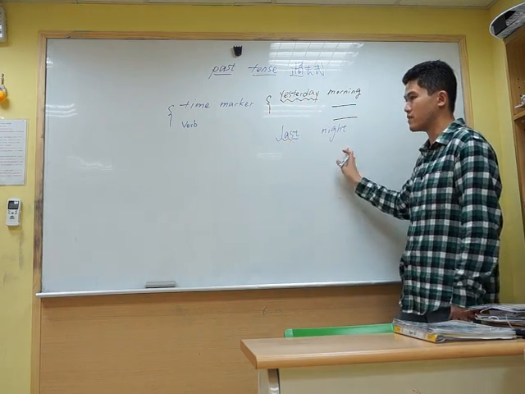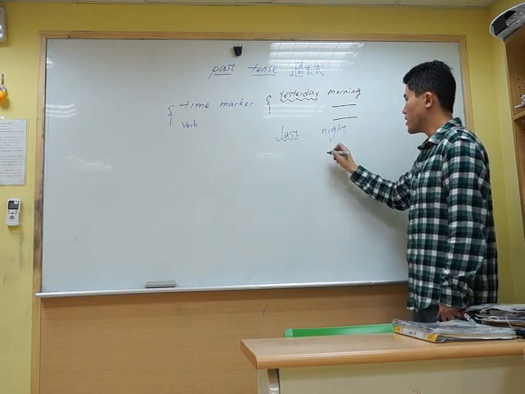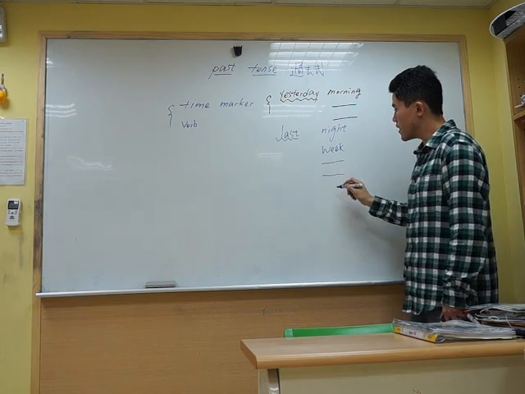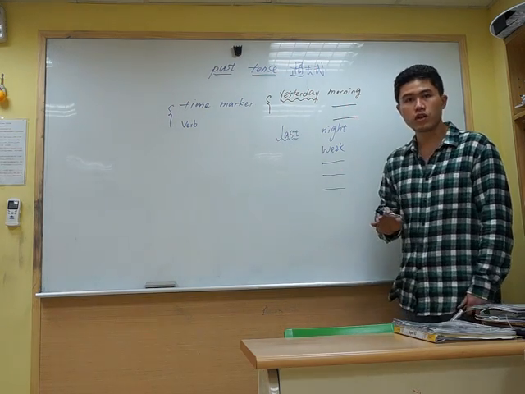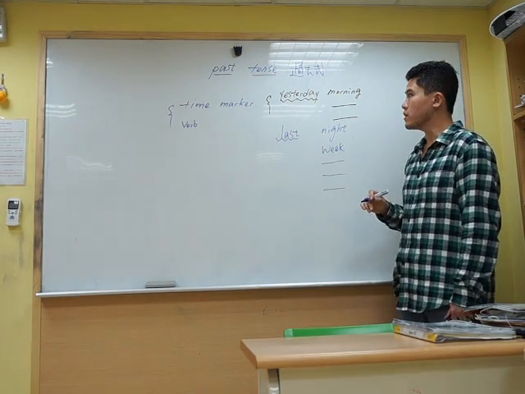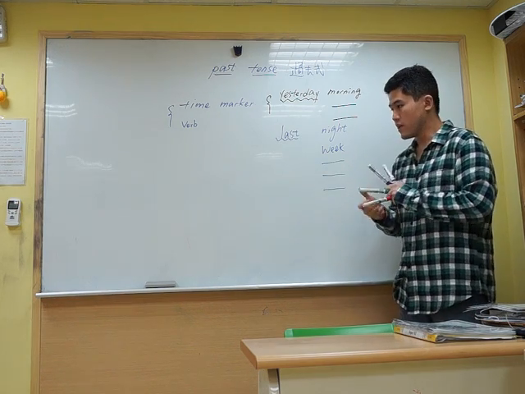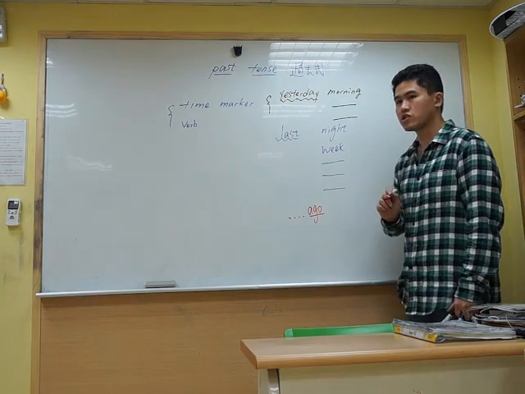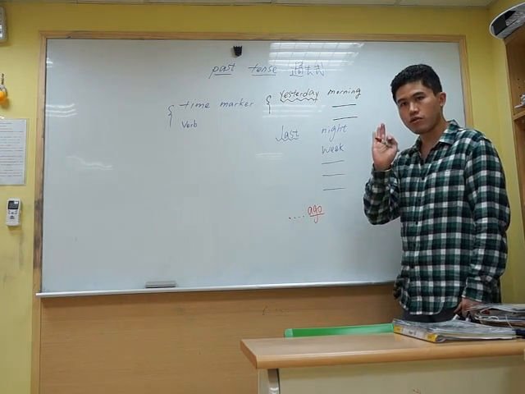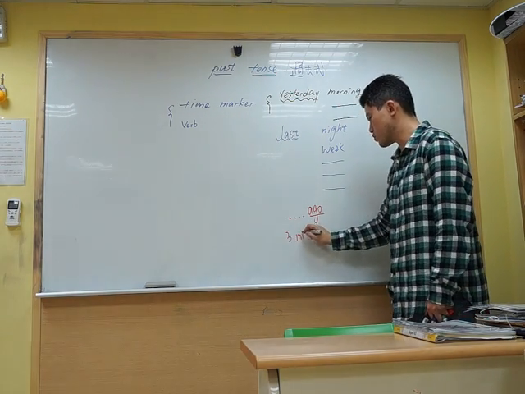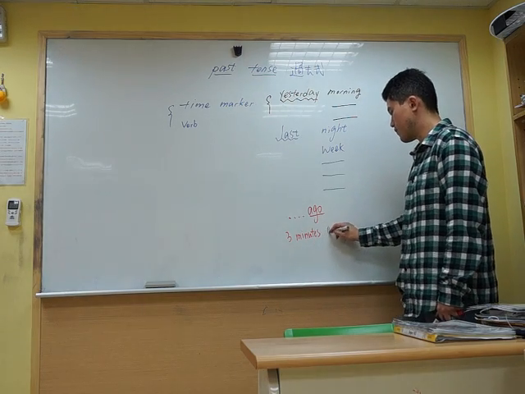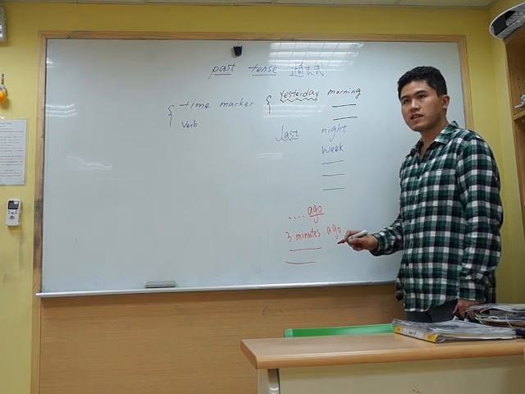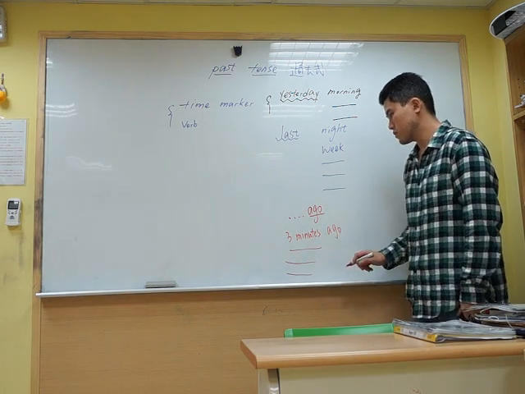We say last night. Okay, so we can also say last week, last Monday, last Tuesday, last Friday. There are lots of things that we can use with last. Alright, the last one is ago. 多久以前, like 3 minutes ago, 3分钟前, 5 minutes ago, 6 minutes ago, 1700 years ago.